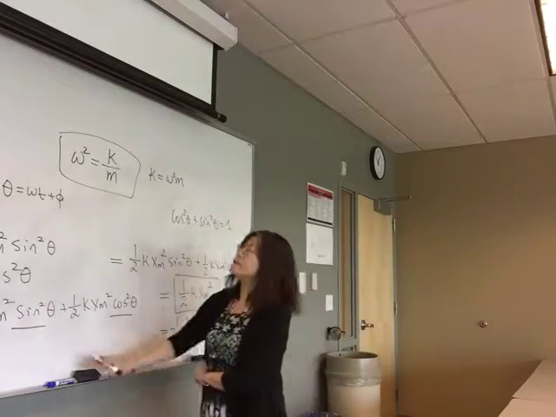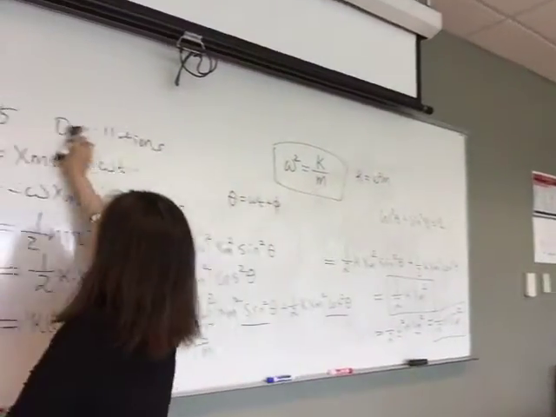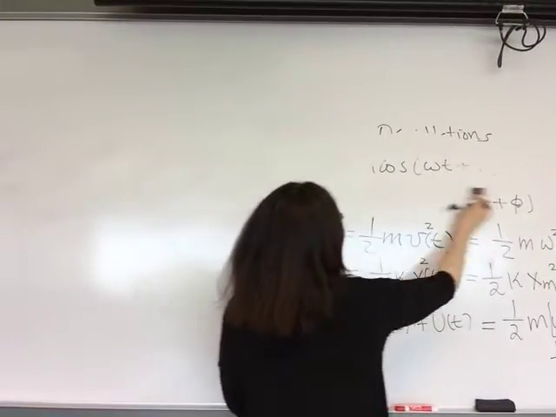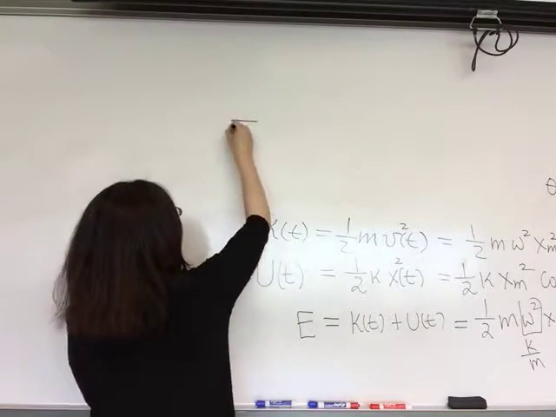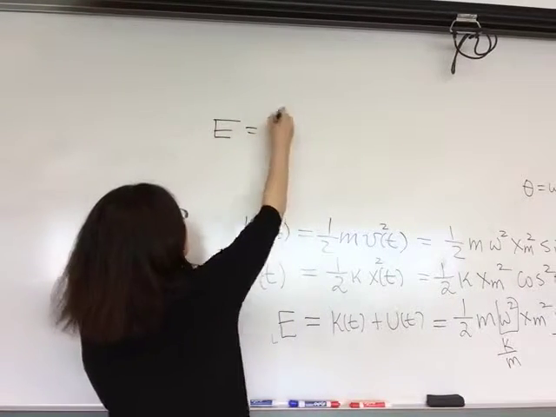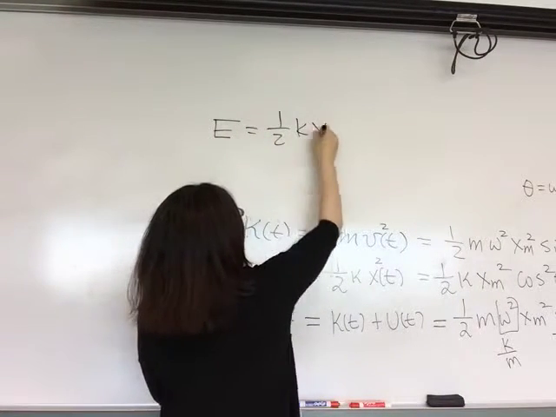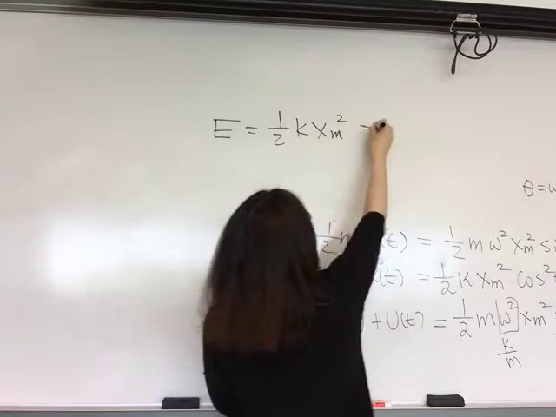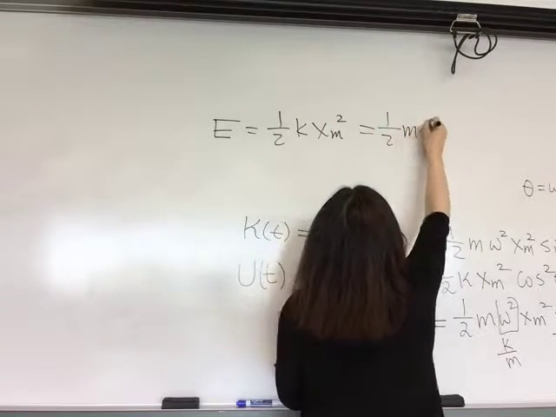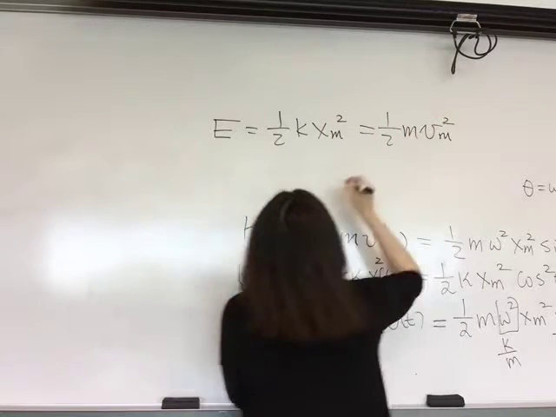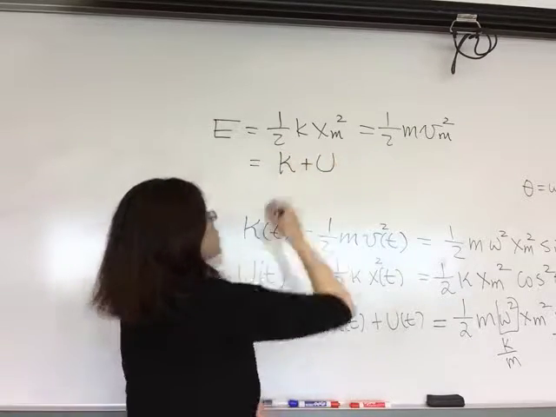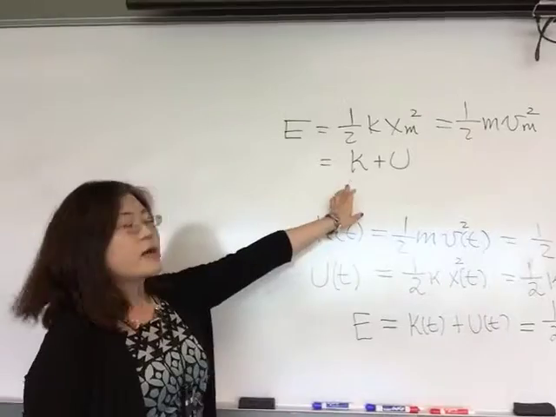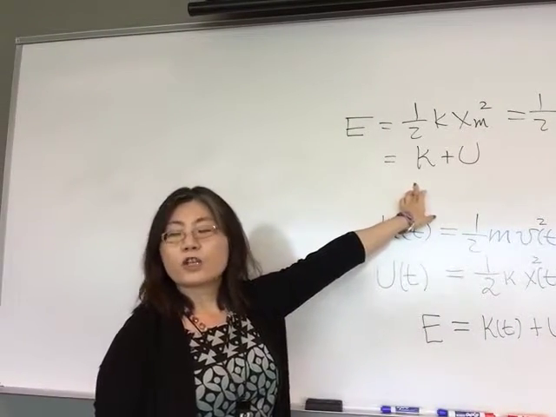Okay, so in other words, what we have here is that your mechanical energy, which is a constant, is equal to 1/2 k xm squared, is equal to 1/2 m vm squared, and that's equal to kinetic energy plus potential energy when that is not reaching the maximum.